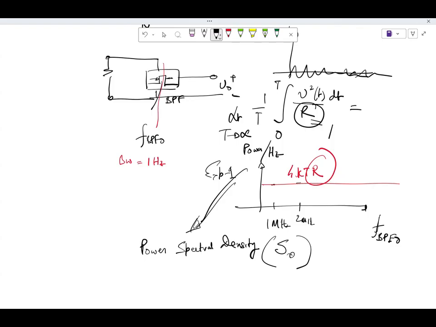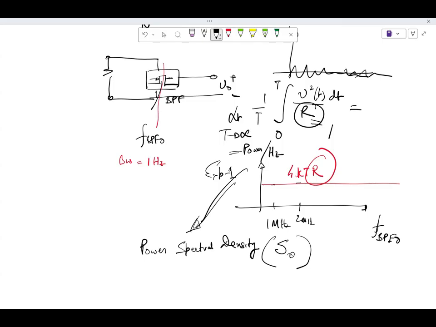Even though this is v squared, we still call it power spectral density. At the back of your mind, you should keep in mind that this is volt square per hertz. If it's power, this is not watt per hertz. This is volt square per hertz or ampere square per hertz. That's something you should always keep in mind.